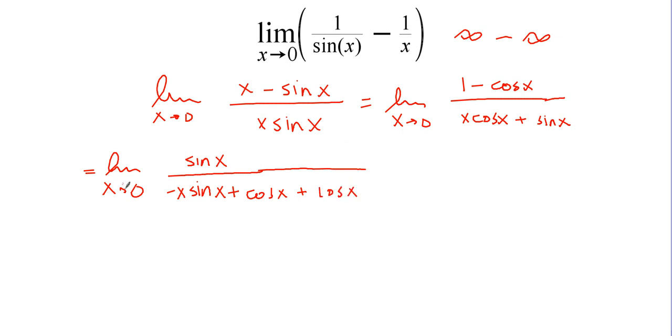And now when we plug in 0, we've got 0 over 0 plus 1 plus 1. So this is 0 over 0 plus 1 plus 1, giving us 0.